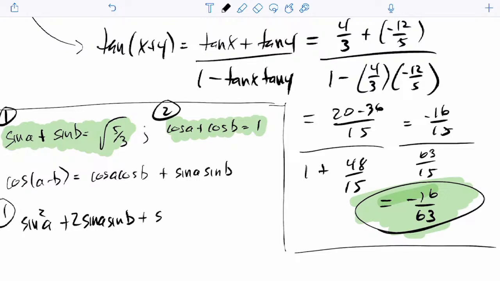And then square the last, sine squared b. That represents me squaring this. Lastly, I square the right-hand side, which kills the root and gives you 5/3. Is that okay? That first initial step?